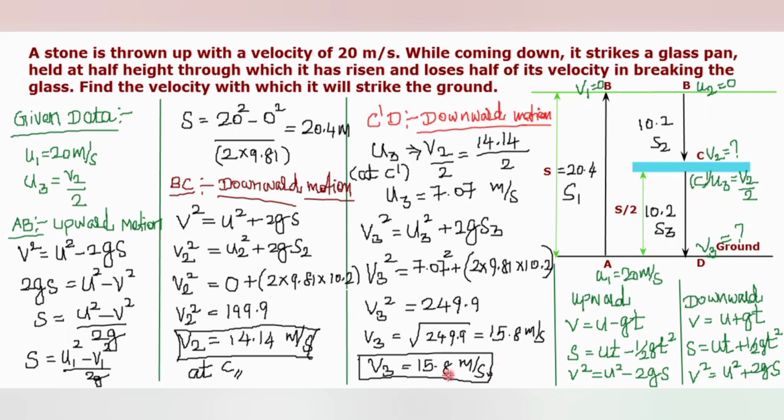Here we considered three segments: AB, upward motion; BC, downward motion up to breaking the glass; and C dash D, after breaking to reach the ground. So we considered upward and downward motion separately. We calculated the values required to find the velocity with which it strikes the ground.